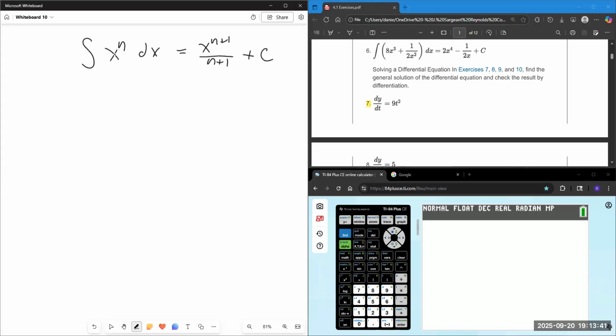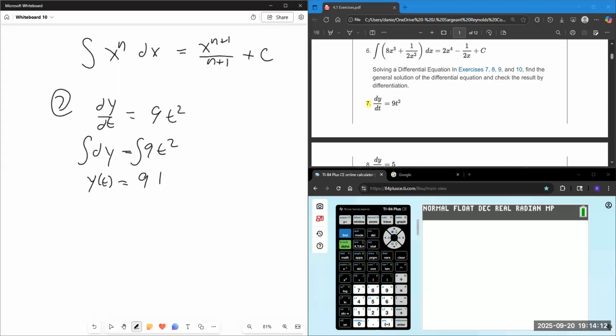So what I'm going to do is number 7, dy dt is equal to 9t squared. I'm going to split the differentials like we did in the last section of chapter 3, 3.9, and make this dy equals 9t squared dt. Going to integrate both sides, and this is y of t is equal to, that 9 just sits there as a constant multiplier, t, raise the exponent by 1, divide by the new exponent, add my constant of integration. 3 goes into 9 3 times.